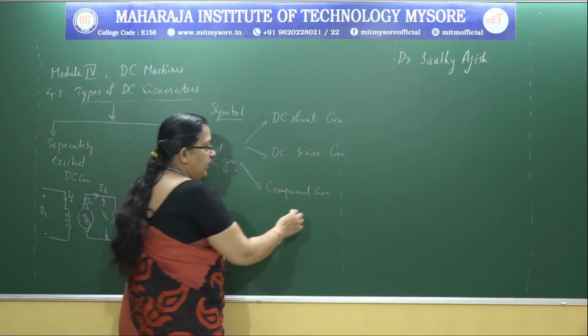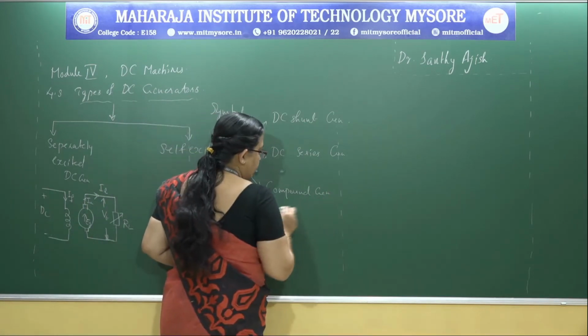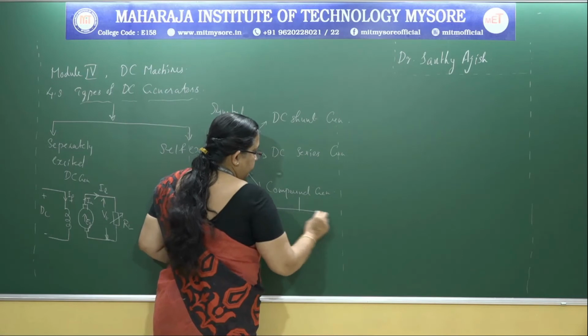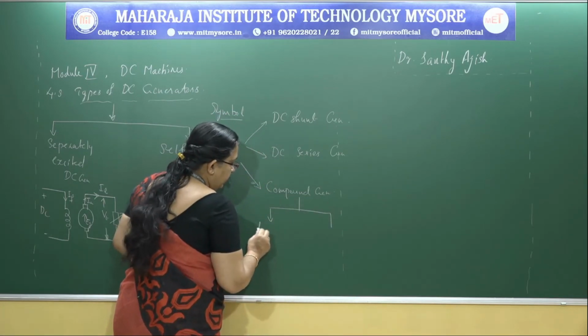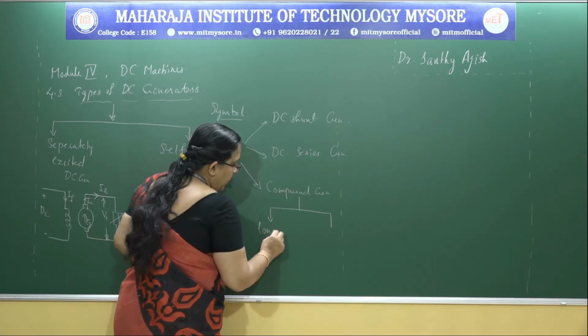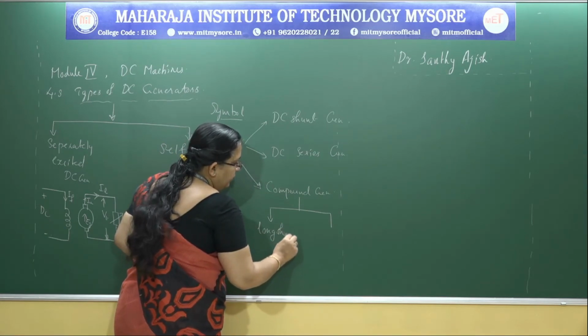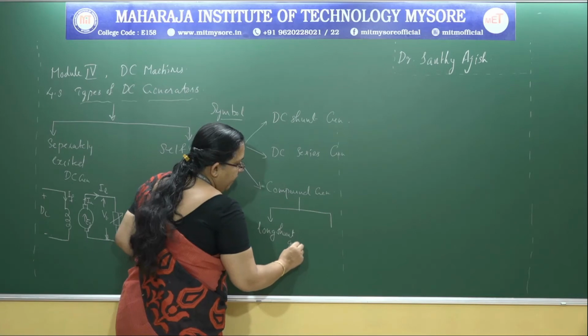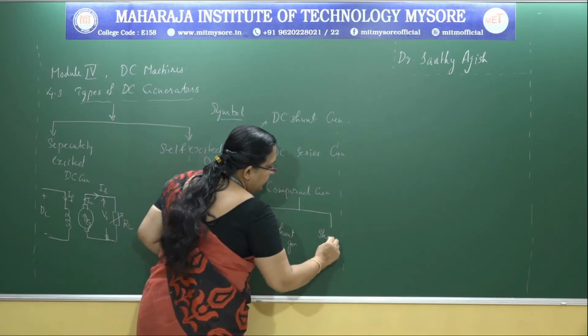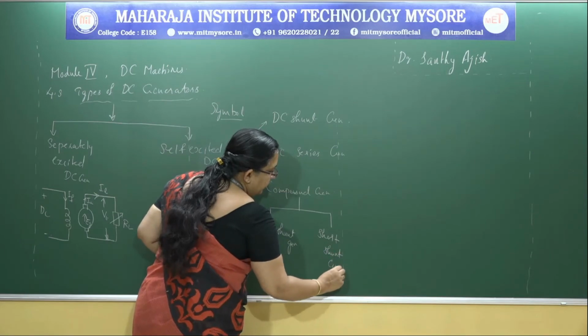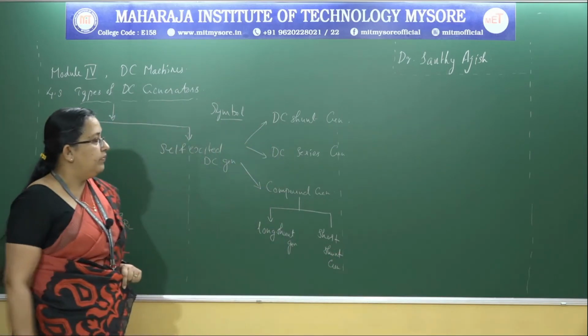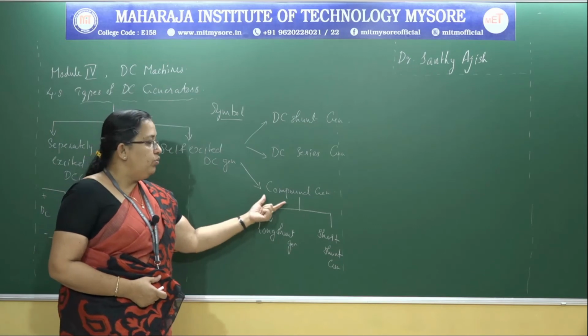Accordingly they are classified further into two as long shunt generator and short shunt generators, because they have two field windings.